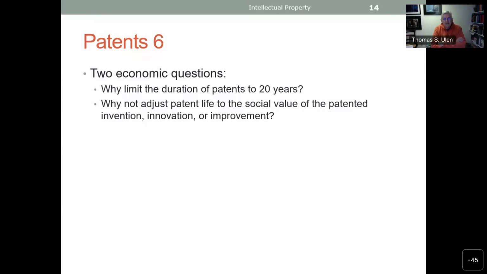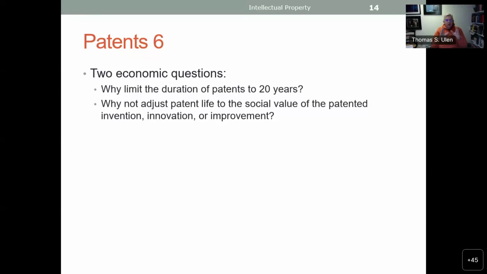But for patents, unless you can develop independently a substitute for a patented invention or improvement or innovation, unless you can develop easily an alternative, the patent holder becomes a monopolist.